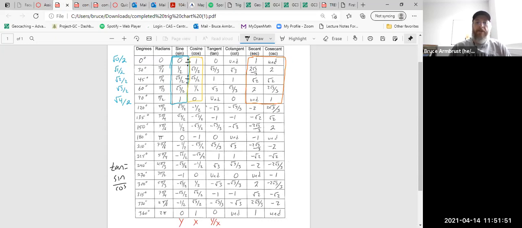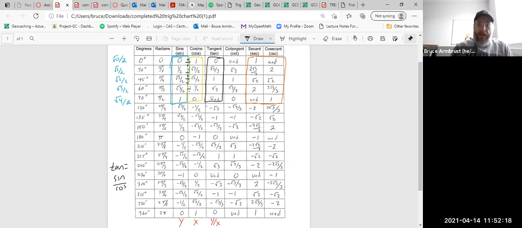Well, anything divided by itself equals 1. All right, root 3 over 2 divided by 1/2. You just flip that thing over and multiply because it's a fraction, you get root 3. So that little division is how we can get the tangents. And then once we know the tangents, you just reverse them, and that gets you the cotangents.